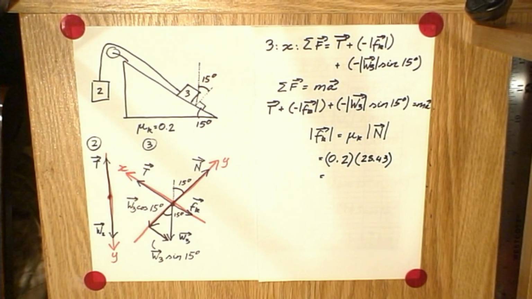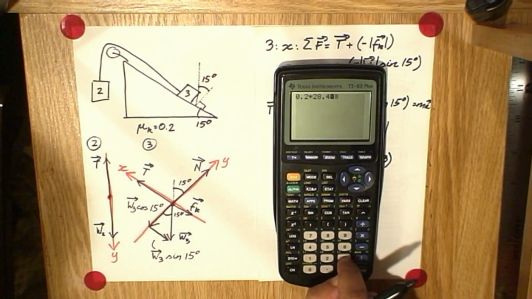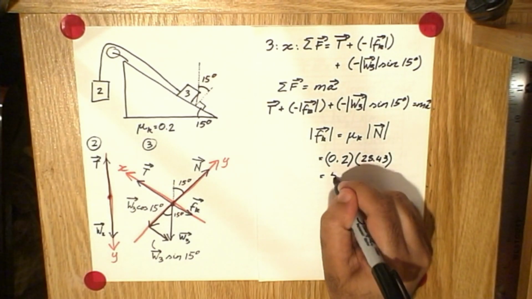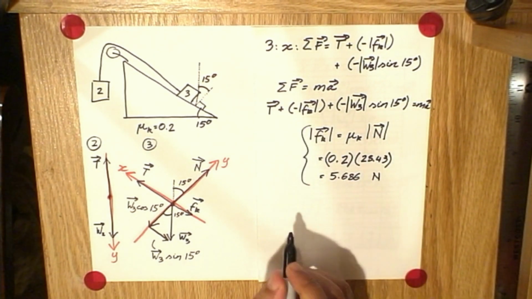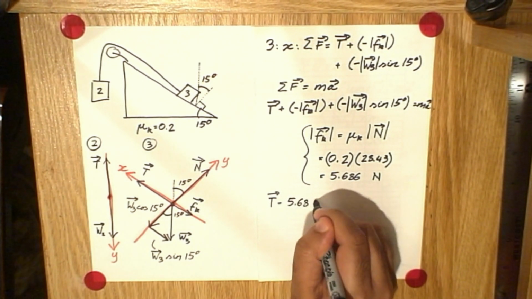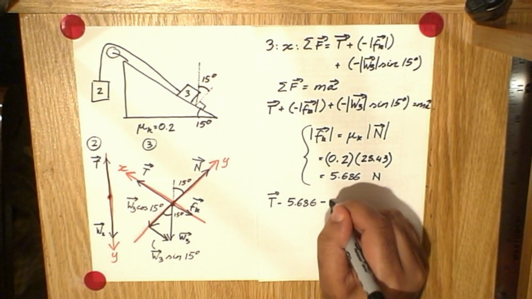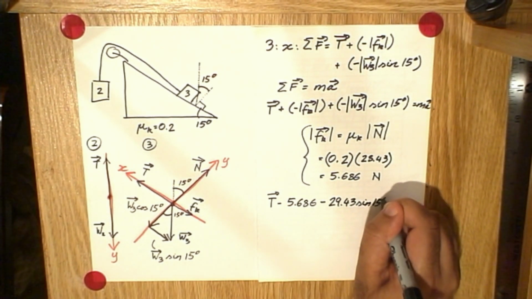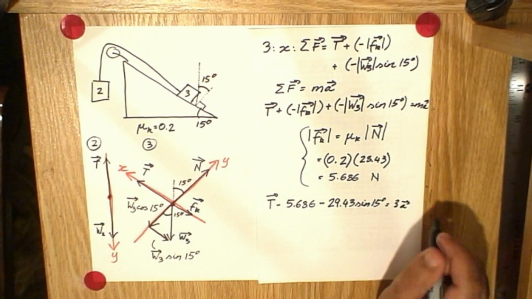So the force of friction is going to be 0.2 times 28.43, which is 5.686 newtons. Okay, so we now have tension minus 5.686 minus the weight of this 3 kilogram object, which we already calculated was 29.43, and the sine of 15 degrees is equal to mass 3 times the acceleration, which is as yet unknown.